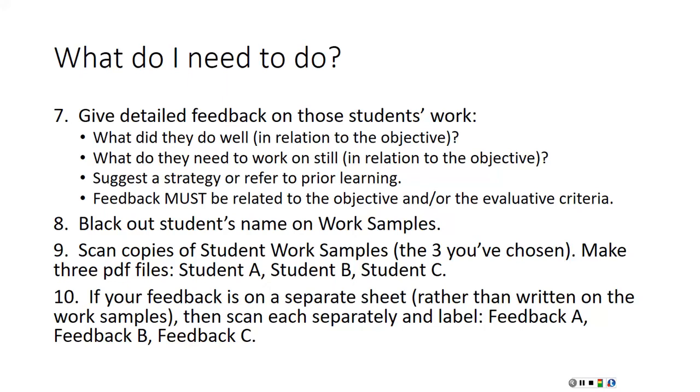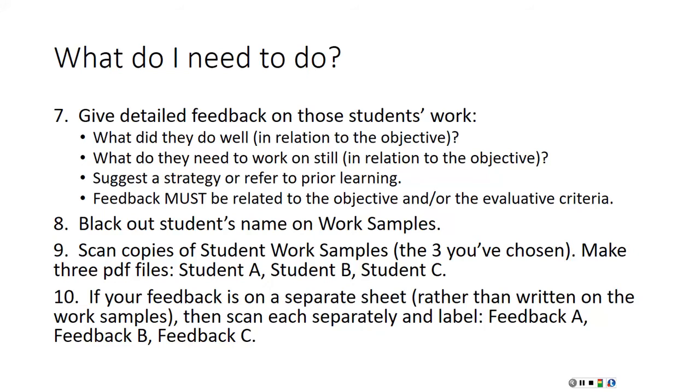Okay, feedback must be related to the objective and evaluation criteria. Now, this paper on the back is something that each of you could do, for example, making something like this or writing this on the back of people's papers.